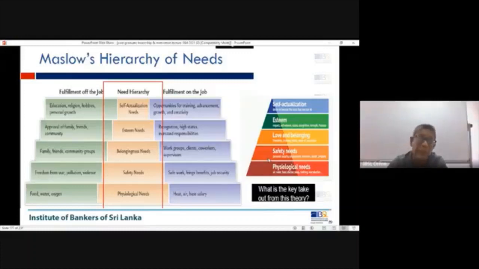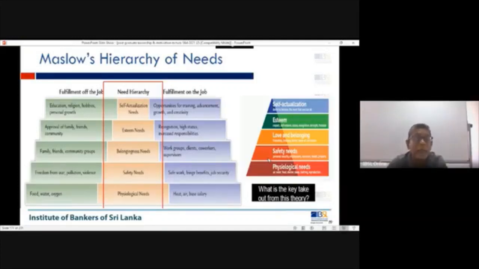Improve the responsibilities; you can use job enrichment and some job expansion strategies. Recognize them as best employee of the year, or give a promotion. That is what is expected to fulfill the esteem needs of the employee.